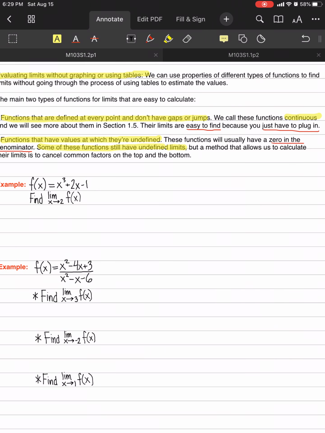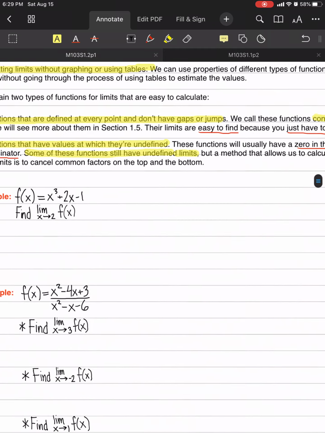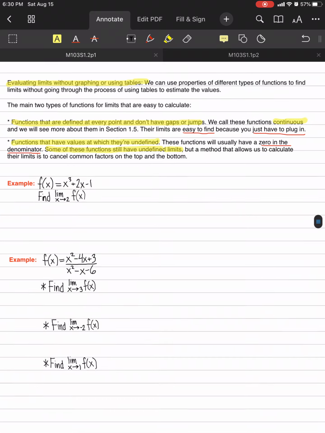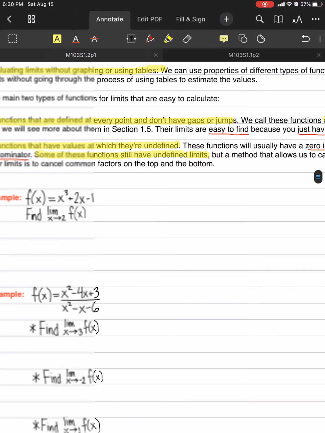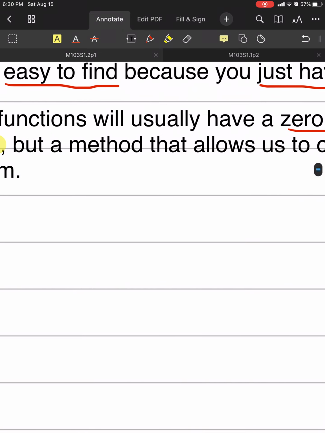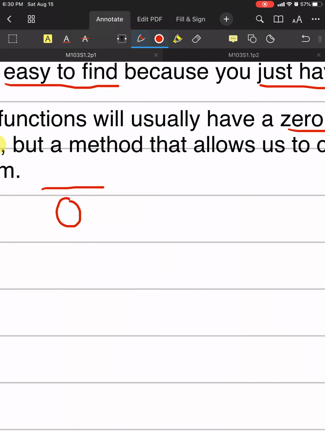Sometimes they have undefined limits, and sometimes their limits actually have a value, even though the function doesn't. What will happen here, there are two things, essentially. Let me talk about them here. You can have essentially two different situations if you have a 0 in the denominator. If you plug in and get a 0 in the denominator, there are two different options.